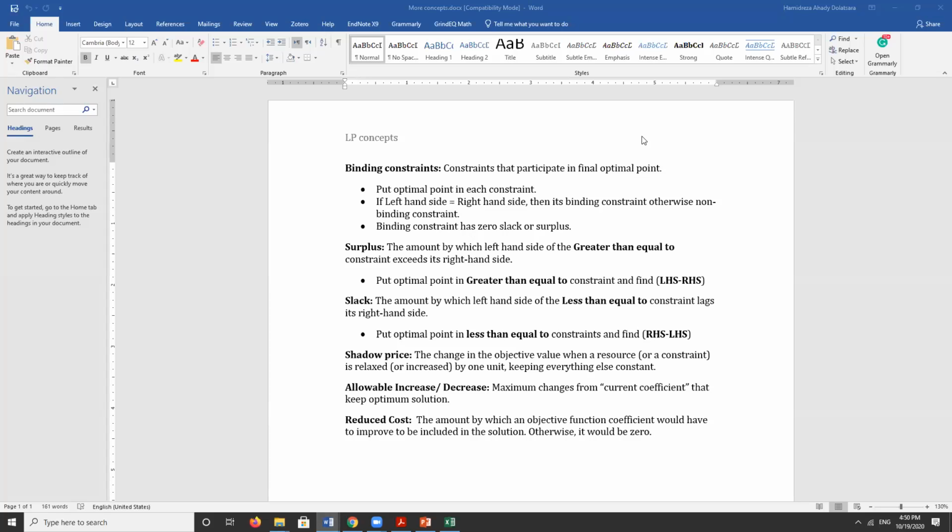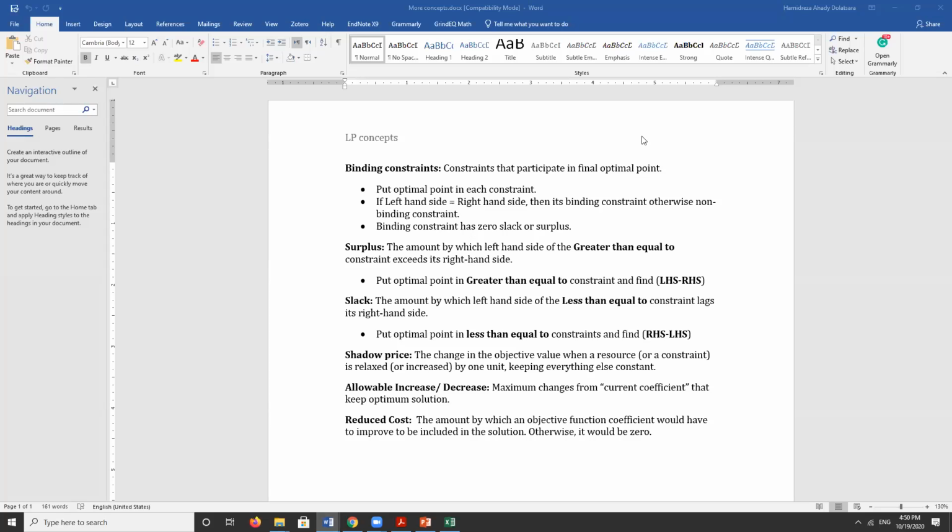Okay, let's talk about some concepts that you can see in the reports. The first one is binding constraint. The constraint that participates in the final solution. Assuming that in the two-dimensional problem, the intersection of two constraints is a point, and that point is your optimal solution.